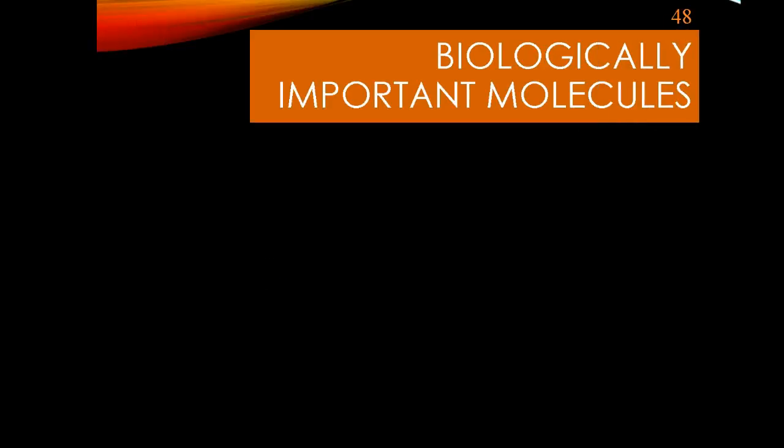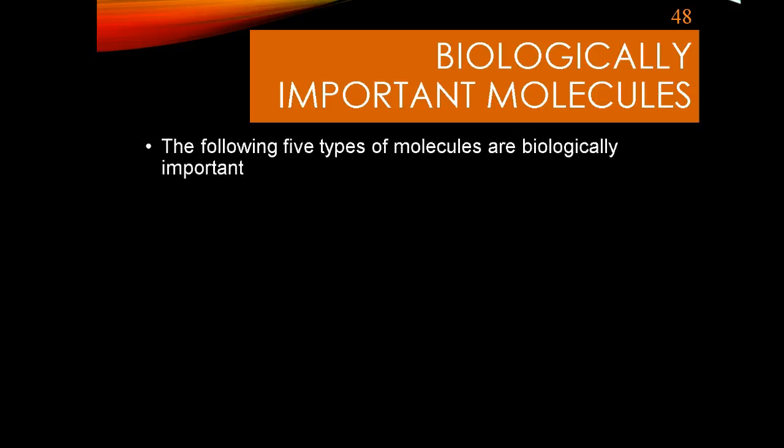Now, let's talk about the biologically important molecules, and we're going to classify them as biologically important molecules, but then we're going to further classify the last 4 as biologically important molecules, but they're also considered to be macromolecules, and the macromolecules are the ones that we're going to talk about when we get to chapter 3.